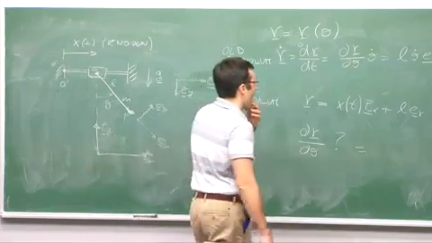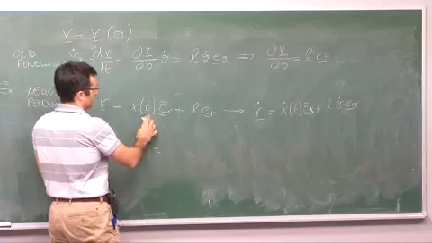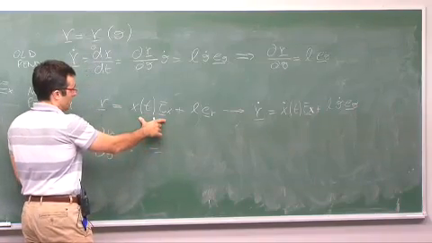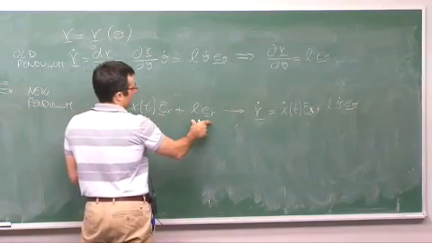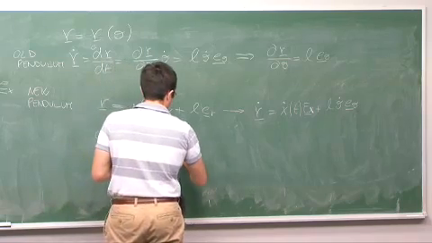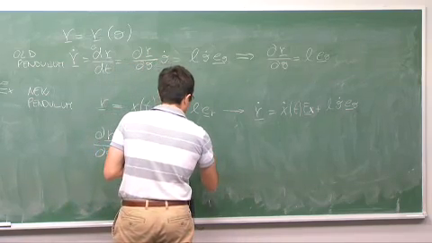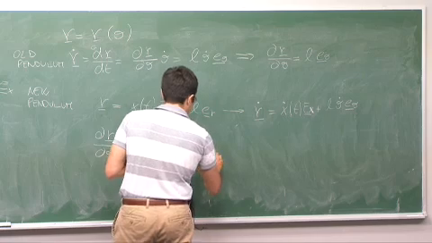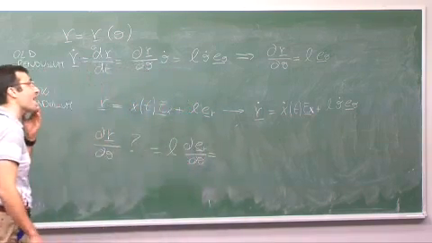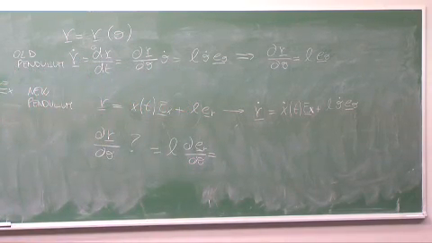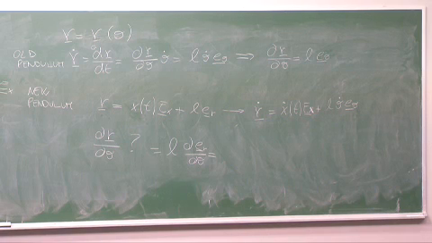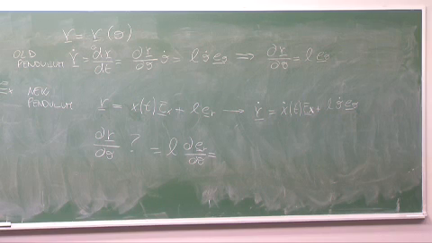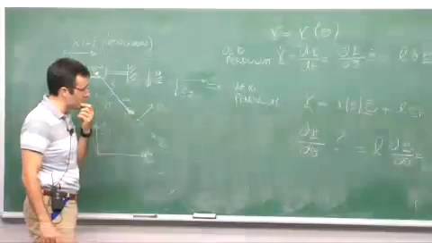So if I take the partial of this first portion with respect to the angle, it's 0, and then I have the partial of this, or I have L d E r in d theta. And what is that? That's a good question, huh? Going back to very basic stuff.